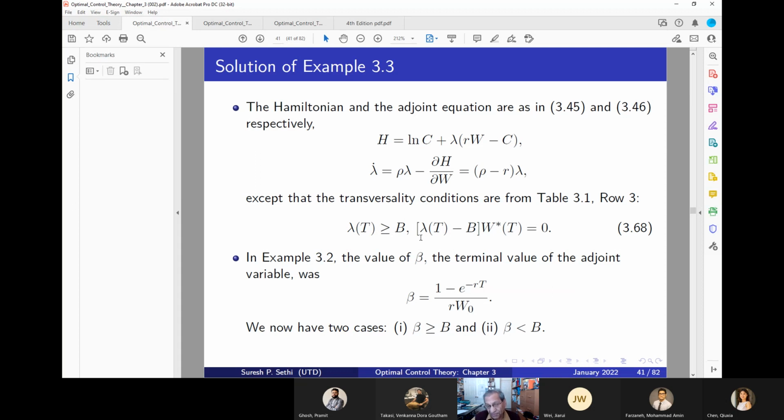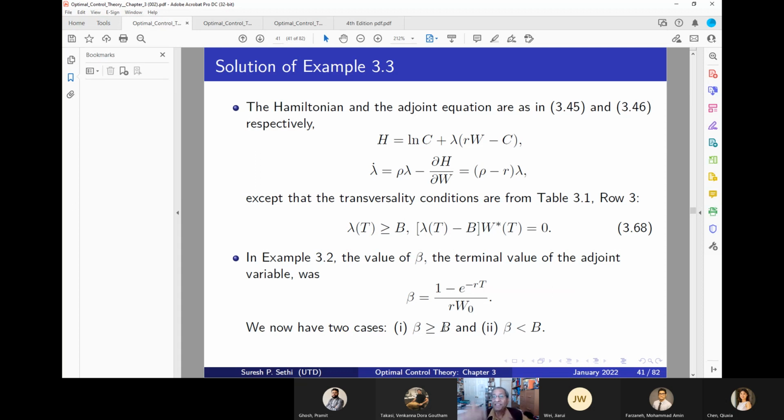And the previous example gives us 0 wealth. So that says that all values of b that are less than this beta, then I would not leave any wealth. So beta in fact is the threshold of b.